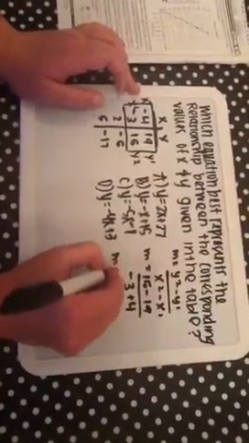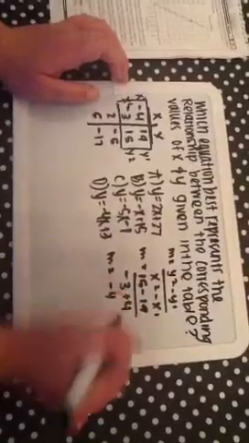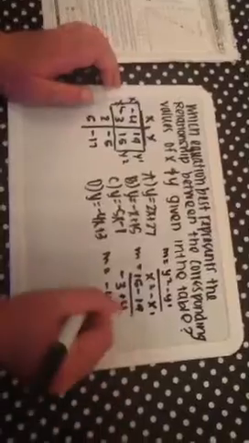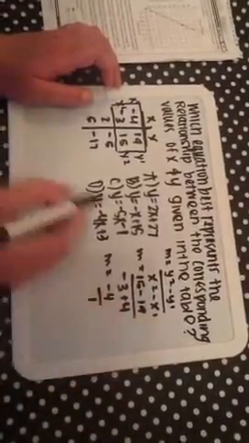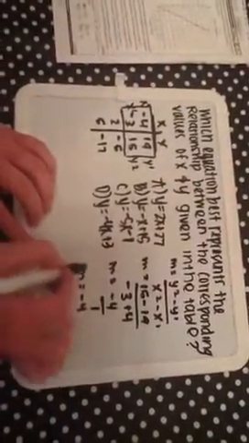So then we would get 15 minus 19 is negative 4, and negative 3 plus 4 is 1. So then we all know that would equal negative 4. So now we have our slope.